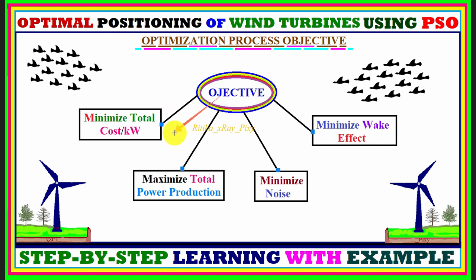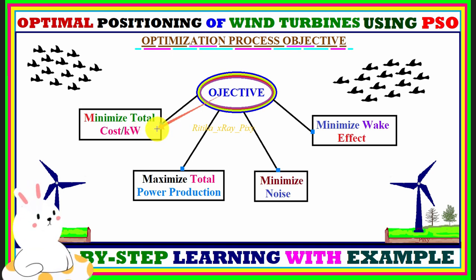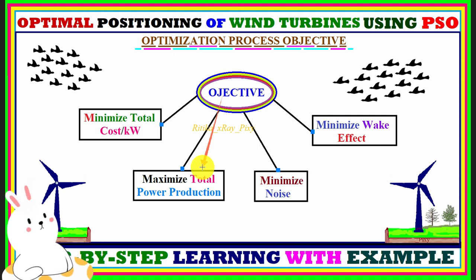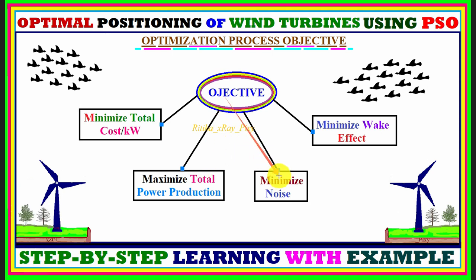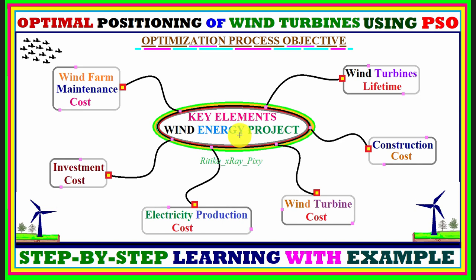So here we discussed different objectives, that is how we can minimize the total cost per unit, maximize the total power output, minimize noise, and minimize the wake effect. So here we discussed different objectives and key elements for wind energy projects.